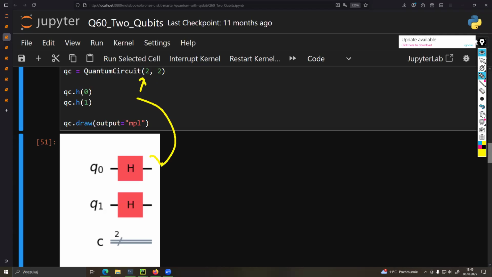Oh, this should be marked with some other color. So this is the first number, and the second number is the classical register, which goes into here. So these are the two ways that you can define your quantum circuit.